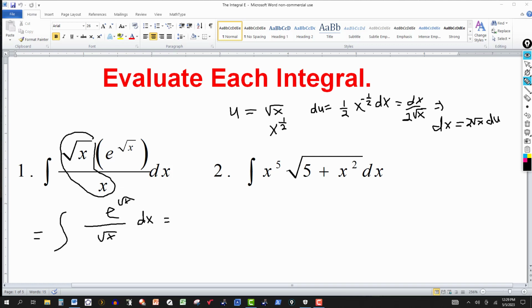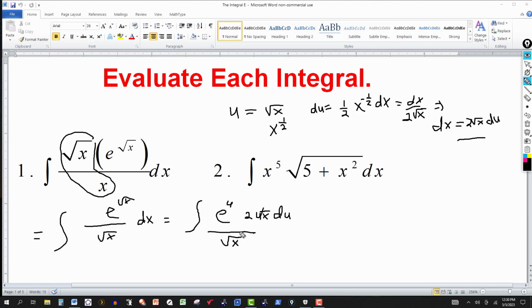And now again, I want to convert this to an integral with just the variable u and not x. So obviously I can go ahead and rewrite this. In the numerator I'll have e, and the square root of x can be replaced by u, and then dx can be replaced by 2 square root of x du, and you've got the square root of x here.